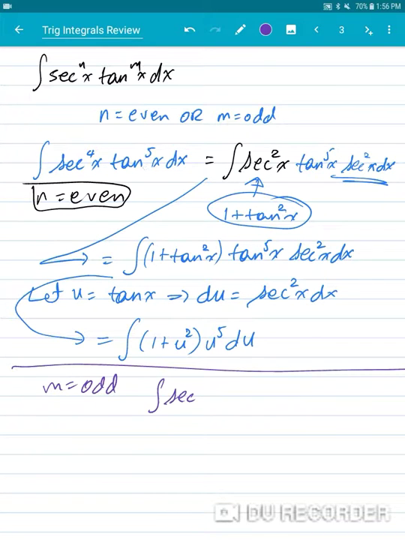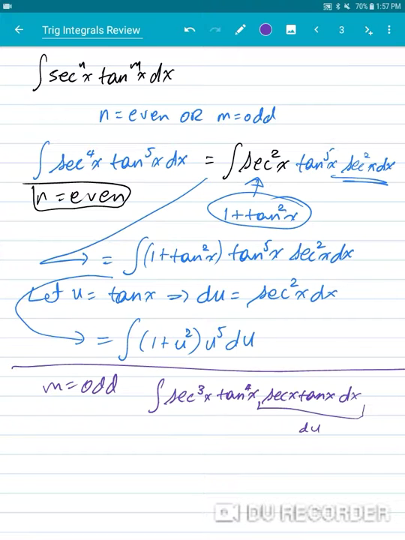If the power of the tangent is odd, you can split 1 secant and 1 tangent off. So that gives you secant cubed x tangent to the 4th x times sec x tan x dx. So you're preparing this to be your du. So what would be the u whose derivative is sec x tan x? Well, u is secant of x.